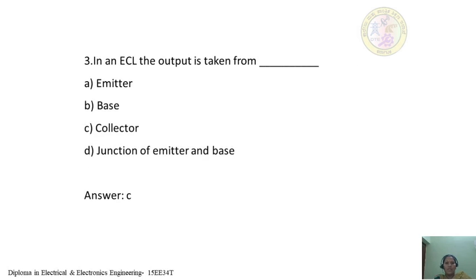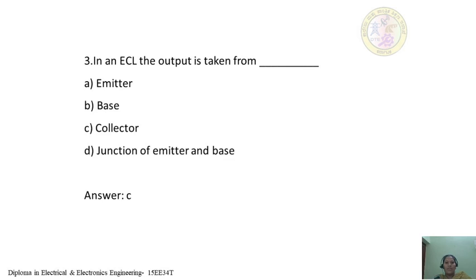The third question is, in an ECL, the output is taken from the option A, emitter, option B, base, option C, collector, option D, the junction of emitter and base. The answer for this question also we have already seen in the comparison table of the three logic families TTL, ECL and CMOS.